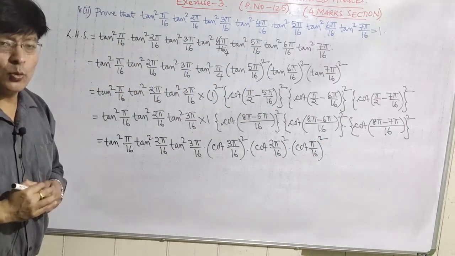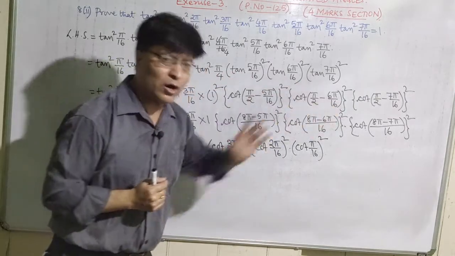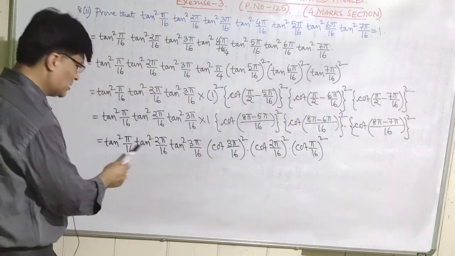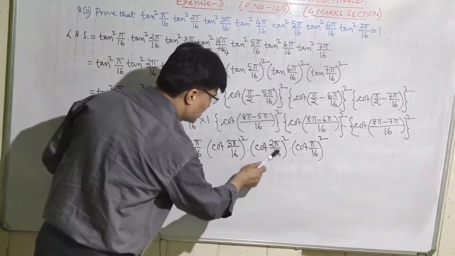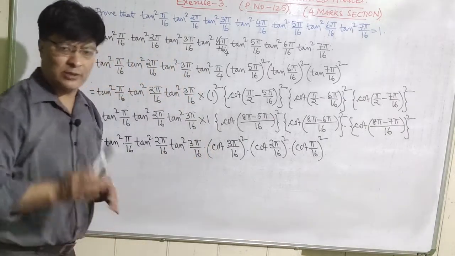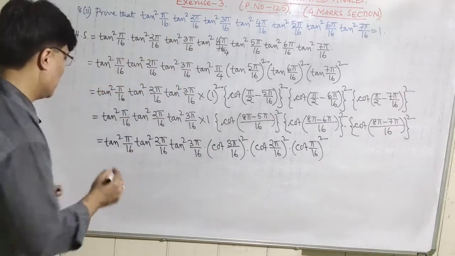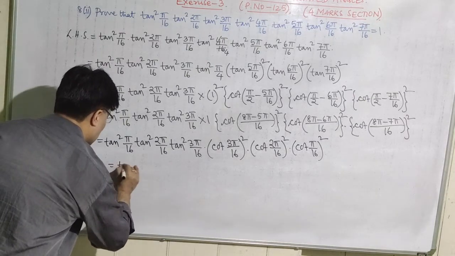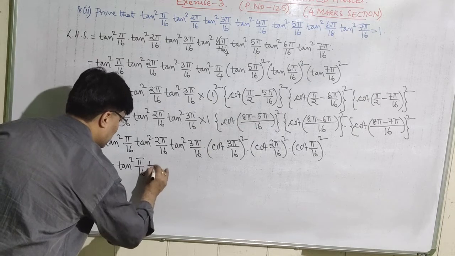That means, why are we converting these last three tan into cot? We're getting the same angle here, isn't it? This is pi by 16, this is also pi by 16. This is 2 pi by 16, this is also 2 pi by 16. This is 3 pi by 16 and this is also 3 pi by 16. So that we can easily simplify them. Okay. So is equal to, this is tan square pi by 16.